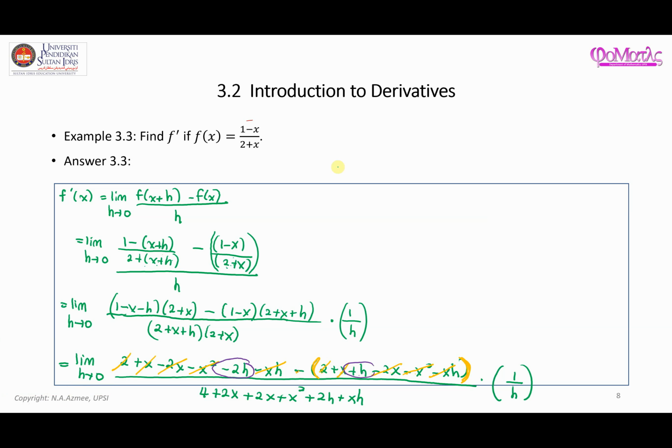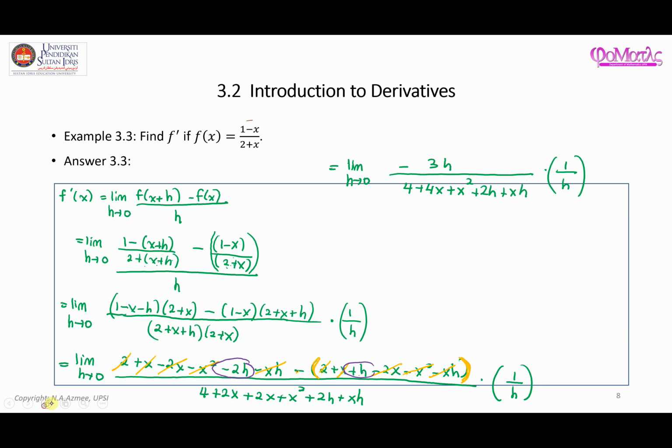Okay, so let me just write down the simplified expression of that. So I'm just going to use this area. Here, the limit as h approaches 0 is going to be equal to negative 3h over, and the bottom part here can also be simplified to 4 plus 4x plus x squared plus 2h plus xh, times 1 over h.